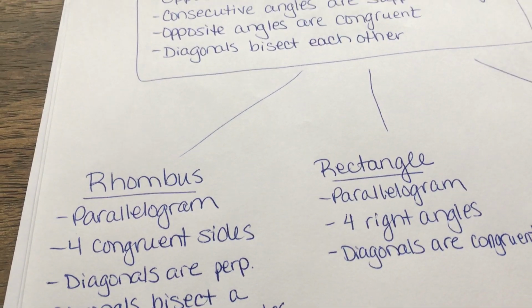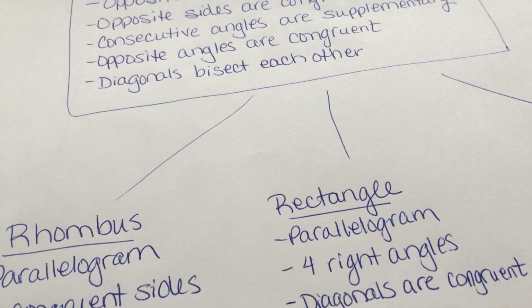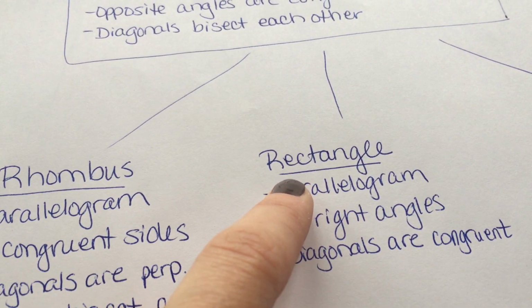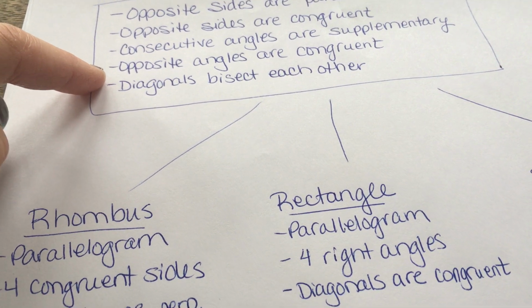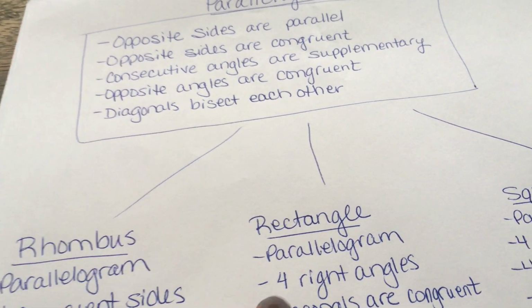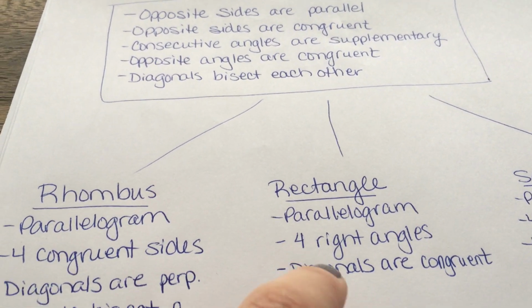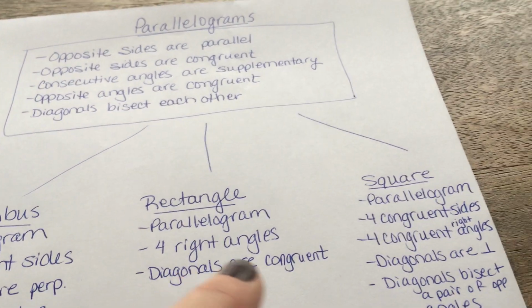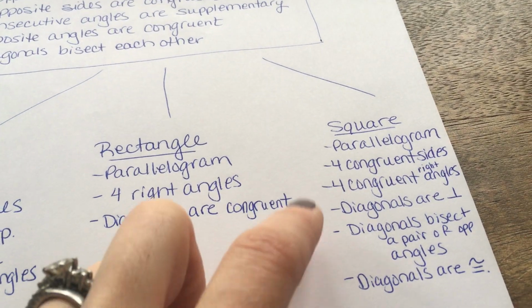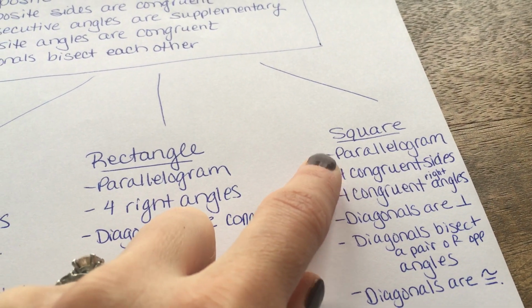We also learned about another kind of parallelogram, and that was the rectangle. Again, because it's a parallelogram, these 5 things up here are always going to be true for rectangles. Plus, they're going to have 4 right angles, and their diagonals will always be congruent. And then we learned about the square. It is also a parallelogram.